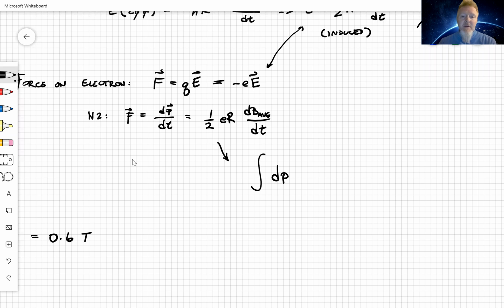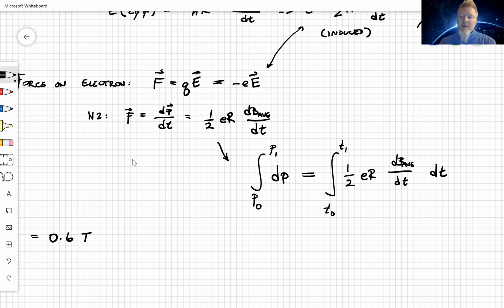So on the left, I'm going to do dp, and the electron is going to go from some initial momentum to some final momentum. And I'm going to put the dt on the other side and integrate this side from, I don't know, a t0 to t1 or something like that. 1/2 eR, and then there's a dB average/dt, which I'm integrating dt.